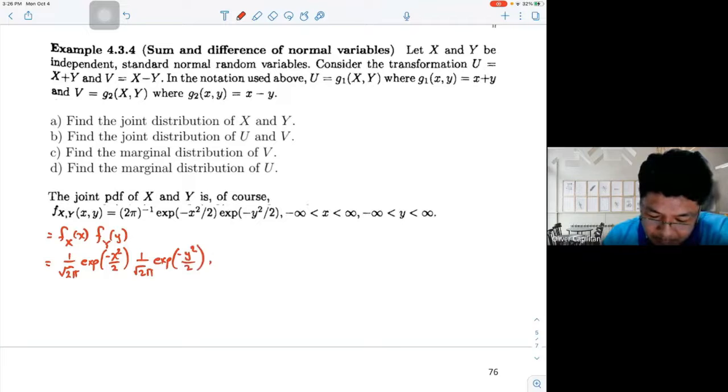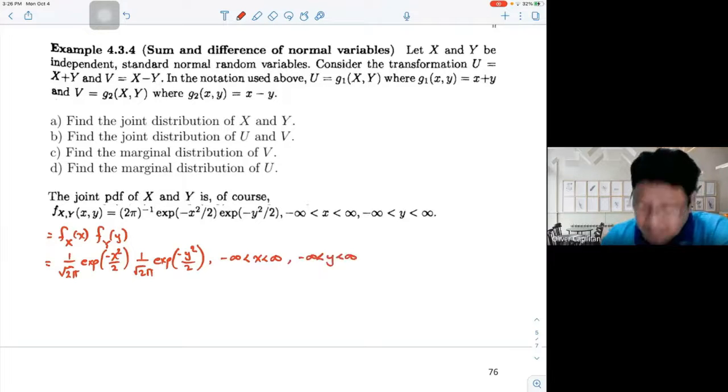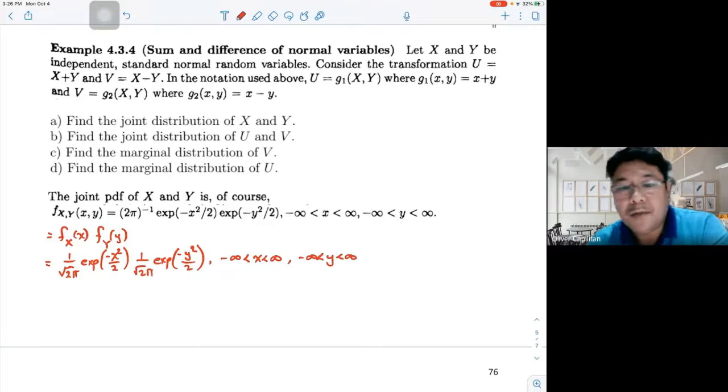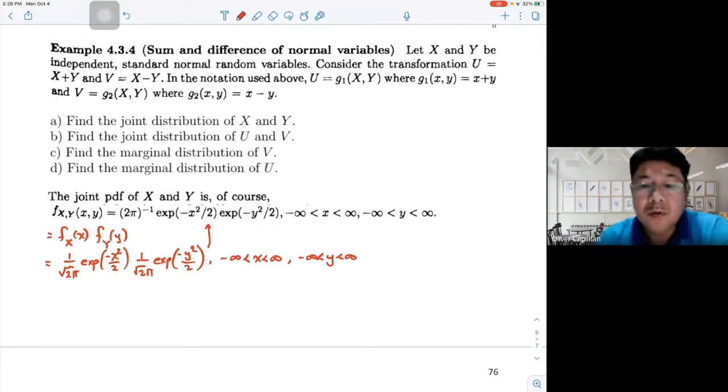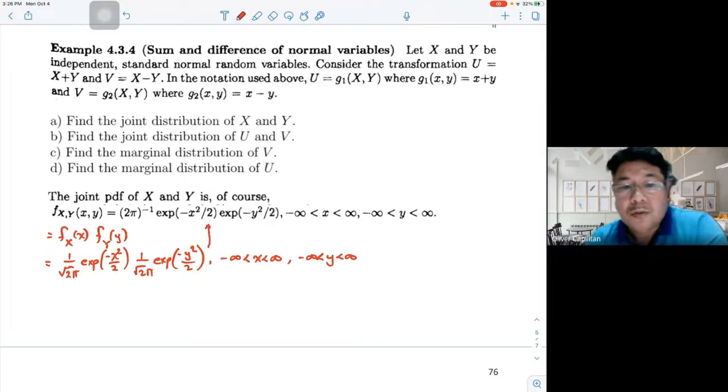And then now we have here the support of our random variables x and y. In other words, this is the sample space of the random variables x and y. And then to simplify, we have that above. So we have now 2 pi to the negative 1.